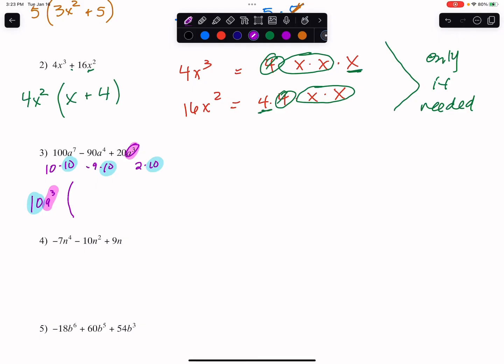Now, to finish this, what numbers do I have left? I have a 10 left. I have a negative 9 left. And I have a positive 2 left. Okay? Now, we got to figure out how many exponents are still inside, though. If we had 7 and we took out 3, that means we have 4 remaining on the inside.